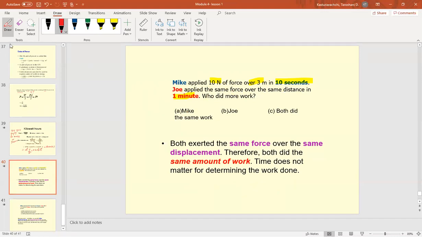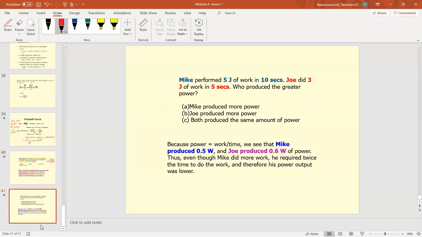Remember, work depends only on force, displacement and the angle. In this case they are in the same direction, and force and displacement are the same. It doesn't matter who finishes first, they both do the same work. But if it is power, you can figure out who had more power.